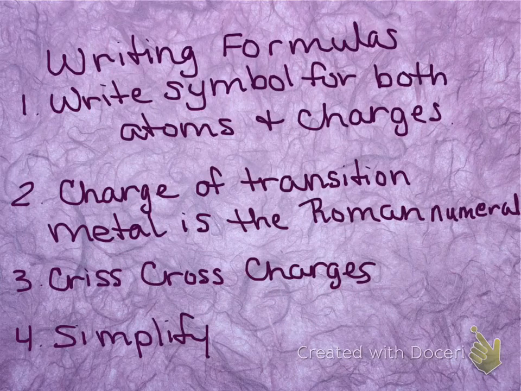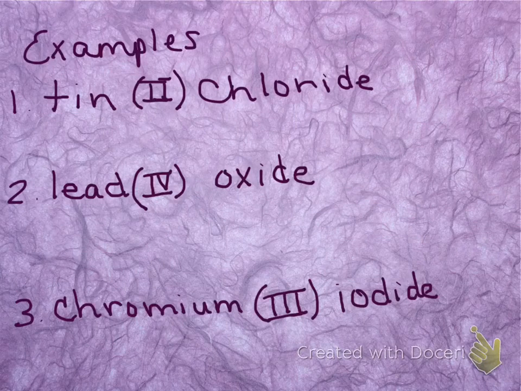The next part is writing formulas. So we're going to write the symbols for both the atoms in the compound and their charges. The charge on the transition metal is the Roman numeral. We're going to crisscross charges, and then we're going to simplify. So let's look at tin 2 chloride.